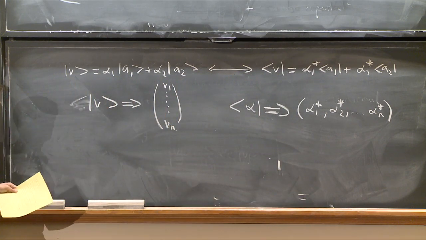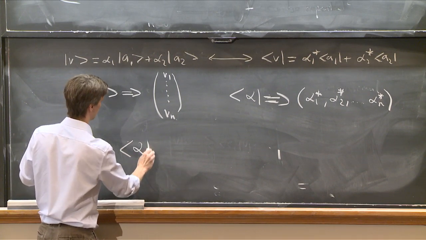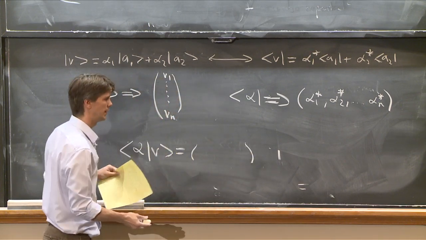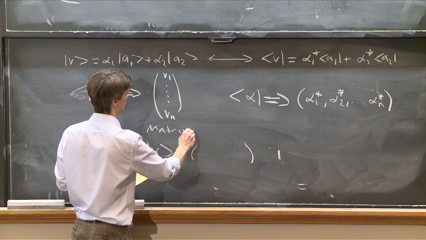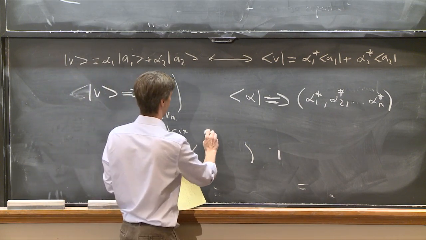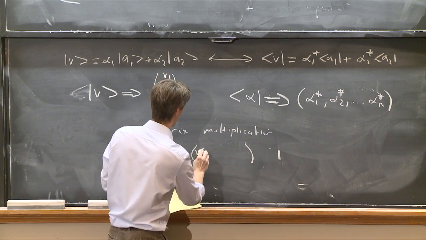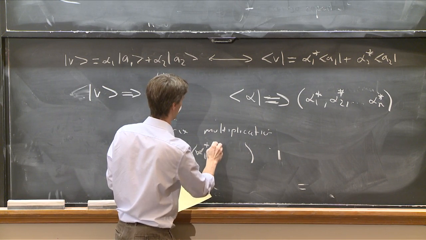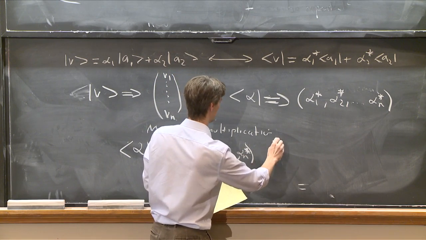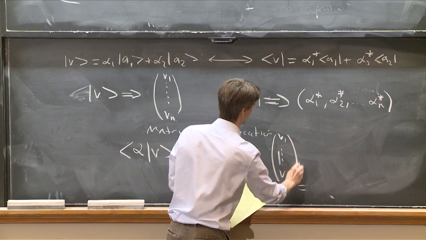Okay, and now you can ask what the dot product looks like. Alpha V is then just this matrix multiplication, but it's matrix multiplication of a 1 by n thing by an n by 1 thing: alpha 1 star, alpha 2 star, alpha n star, times this one here, so v1, vn.